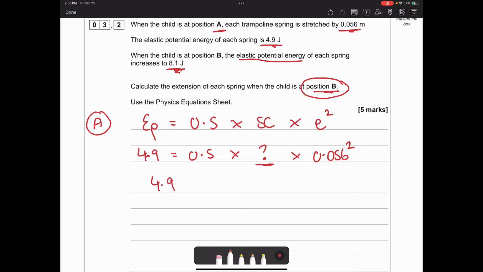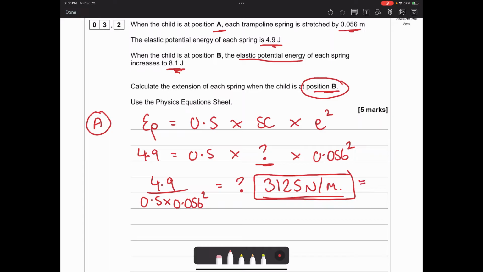Rearrange the equation: 4.9 over 0.5 times 0.056 squared equals our spring constant. If you type that into your calculator, making sure that it's done correctly, you then end up with 3,125 newtons per metre. Now that is our spring constant of our spring.